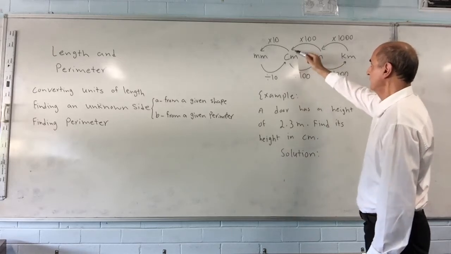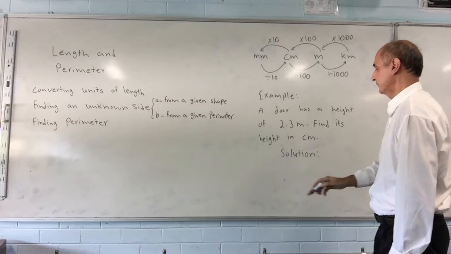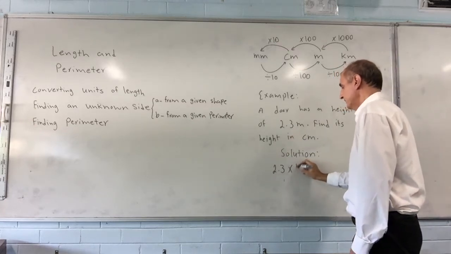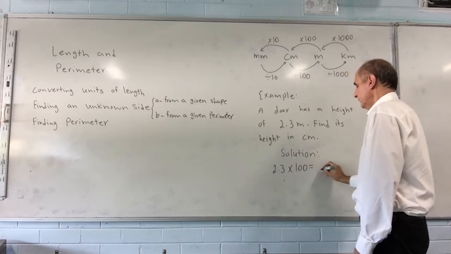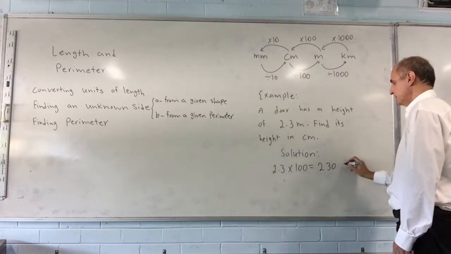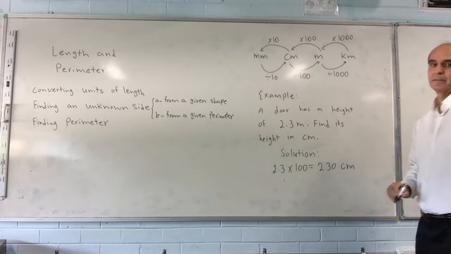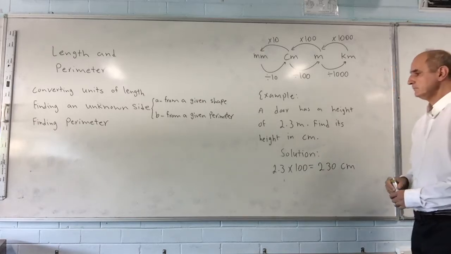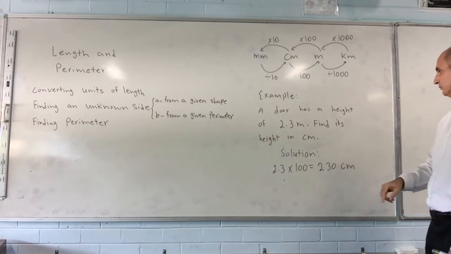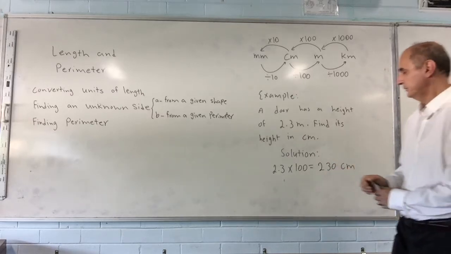From meter to centimeter, you've got to multiply by 100. So 2.3 meters is as good as 2.3 times 100, which is 230 centimeters. So the height of the door is 230 centimeters.